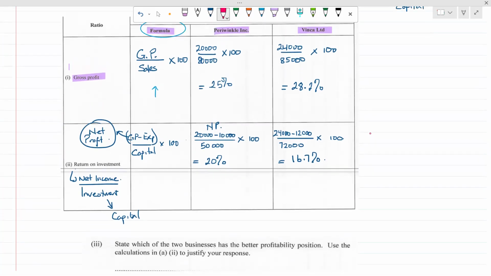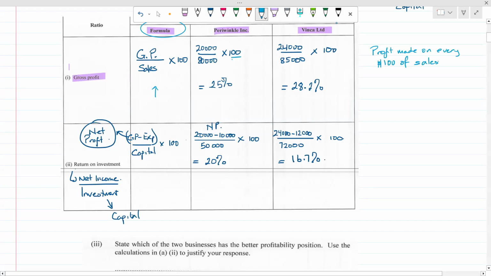Right. So gross profit percentage, when you are interpreting gross profit percentage, you are thinking about the profit made on every $100 of sales. Remember, this is a percentage. Percentage is out of 100. When you're looking at return on investment, you're looking at your return on every $100 of capital invested.